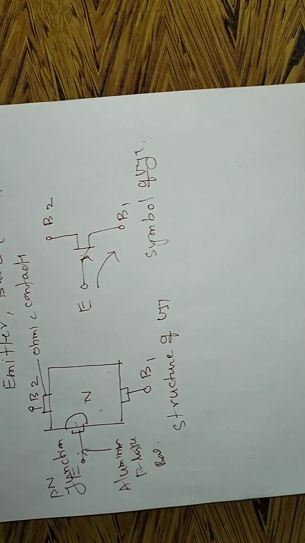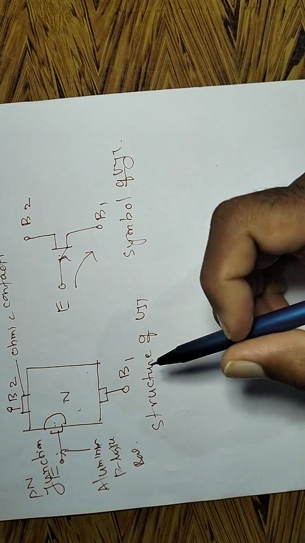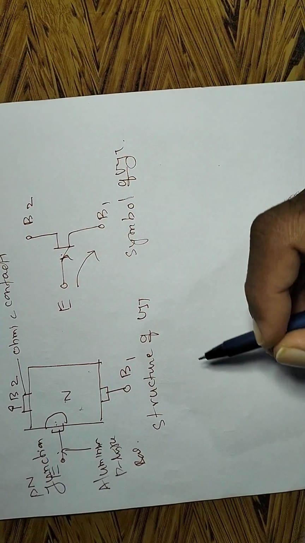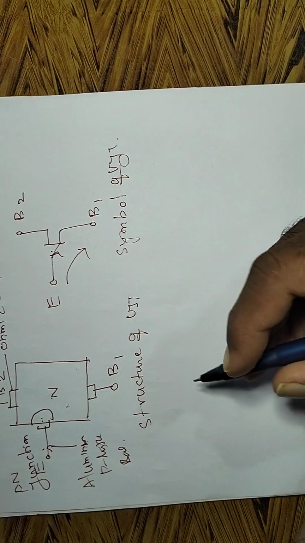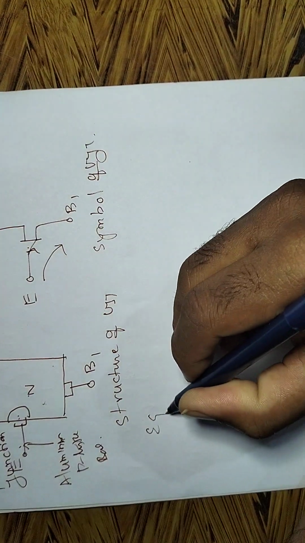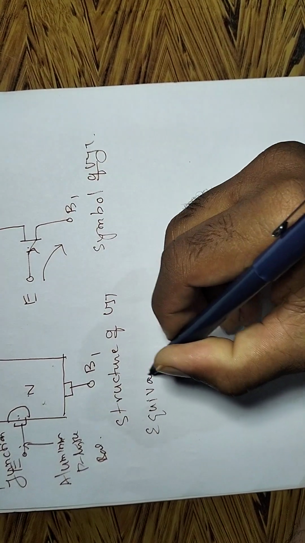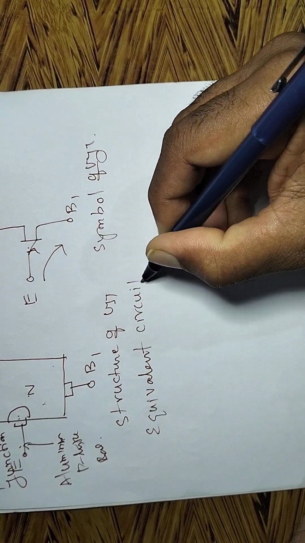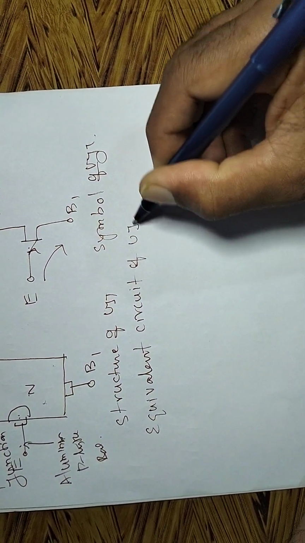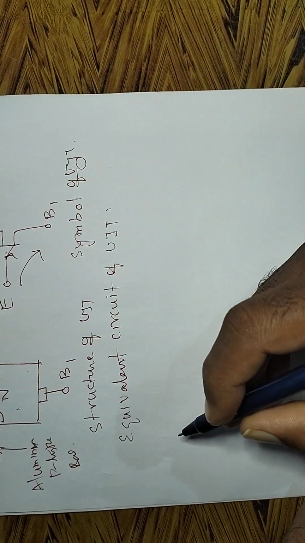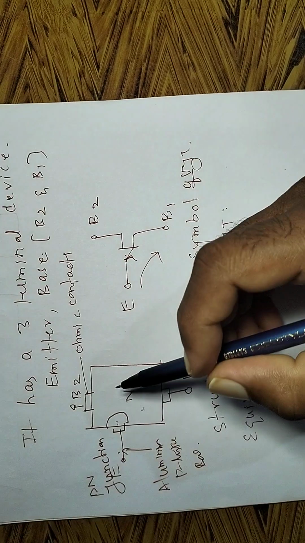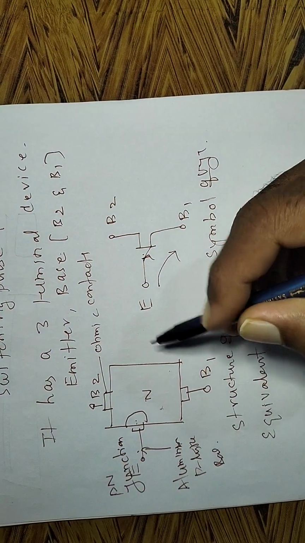Now look at the equivalent circuit of this UJT. Based on the equivalent circuit, we are going to discuss the operation. Before drawing the equivalent circuit, let us recall the structure.